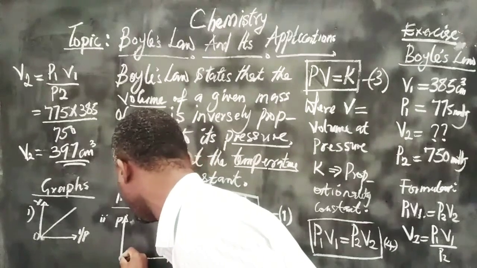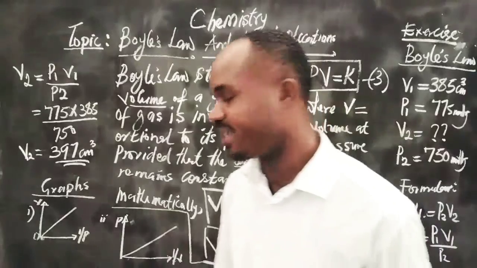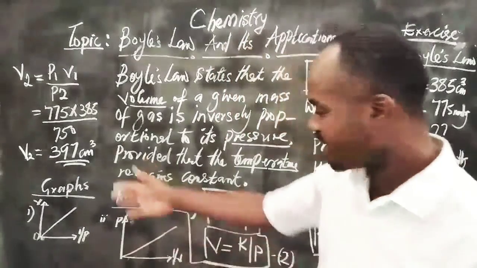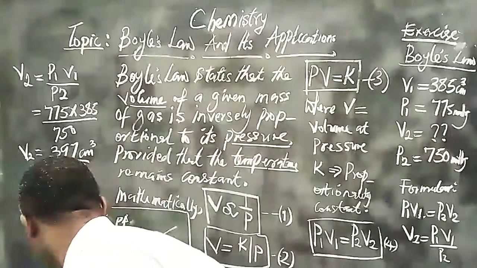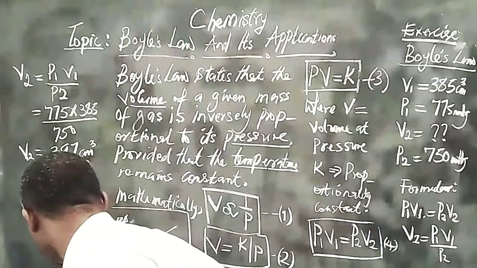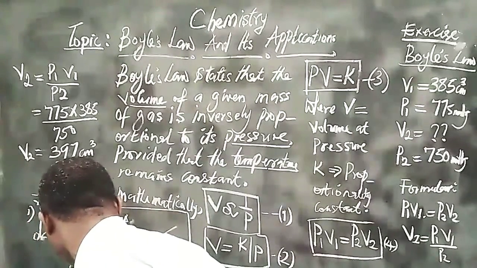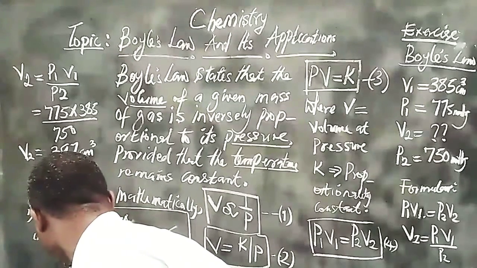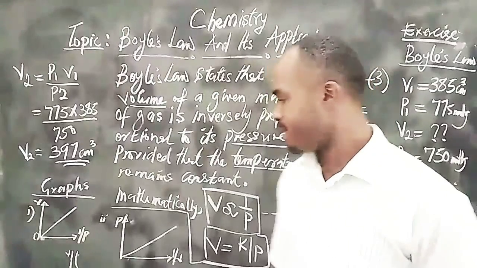What do we have? We have another straight line. Very simple. There is another graph anyway, which is the third one. We have volume and pressure once again, and this one is in this form, it's a curve.